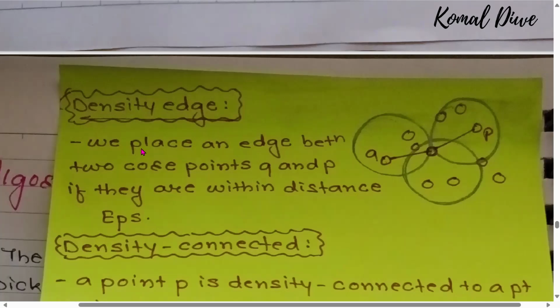We place an edge between two core points Q and P if they are within distance epsilon.